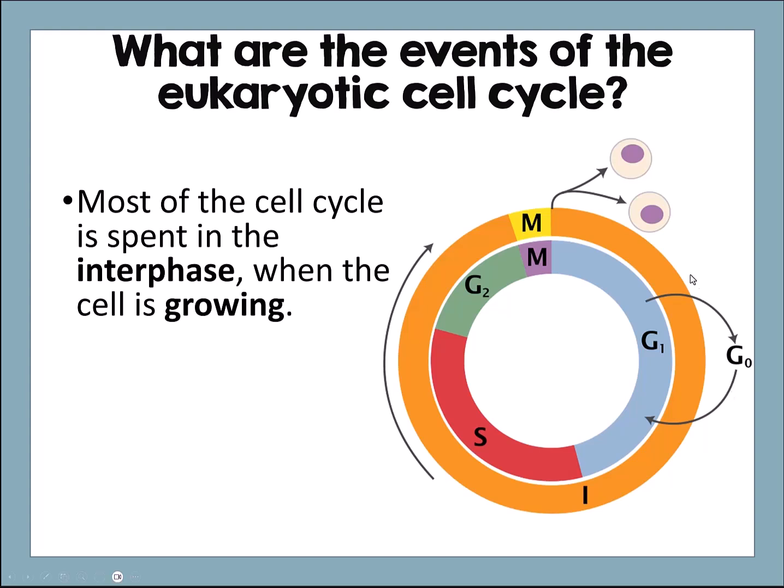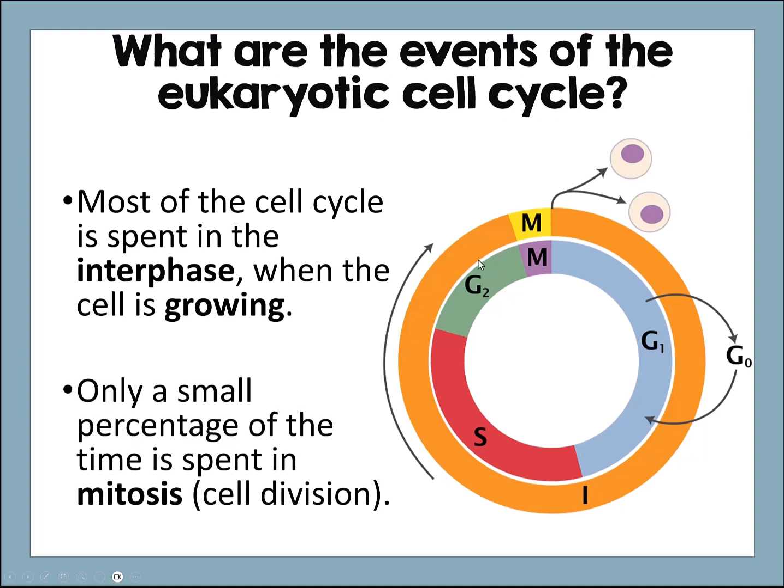The rest of this time in interphase, G1, S, and G2, out of this orange section, are all preparation for division. And only a small percentage of the time is spent in mitosis, which is this small section here. This is when the cell would actually be dividing. The rest of this time, it's preparing for division, unless it's in G0 and resting.